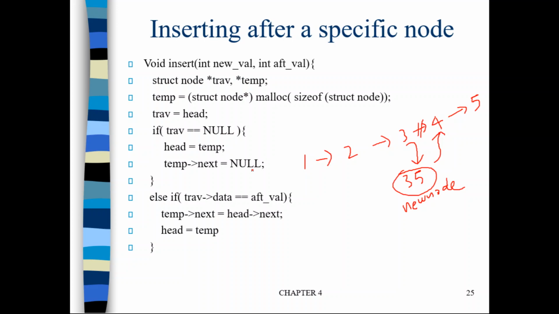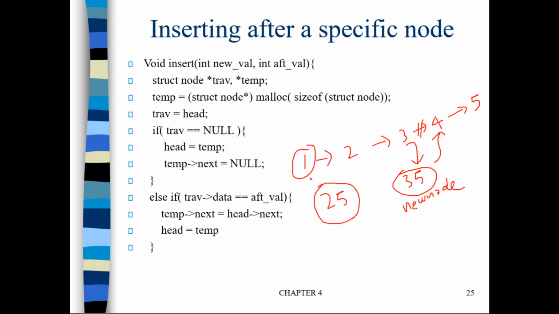Then case 2 is, assume that I want to add immediately after the first node. Say there is a new node 25, which I want to add after the first node. Then what will be the logic?